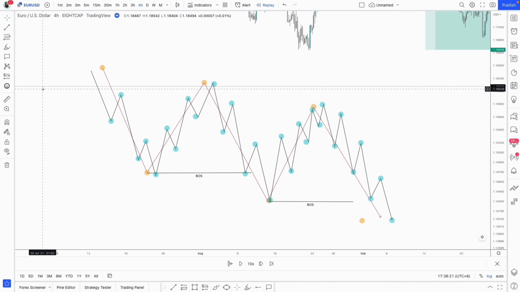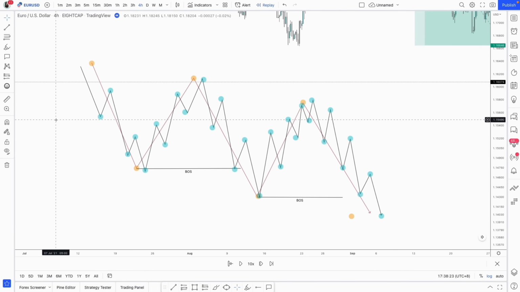What do you notice when I mark out those structure points? We know that the order flow is bearish, yet somehow there were some bullish and bearish examples of internal structure.